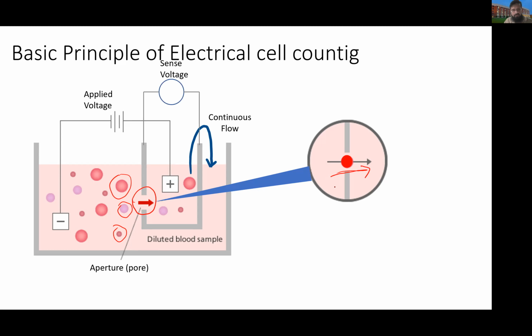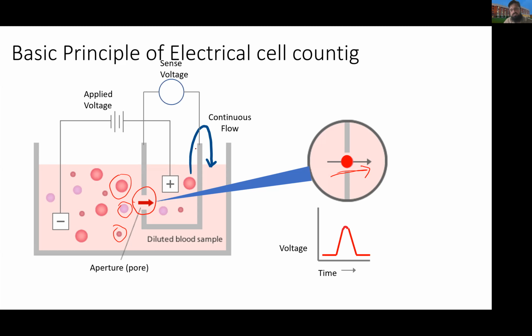aperture. Now what you do is place a voltage sensor across the inner container, and the inner container has basically two disjointed parts which you can think of as electrodes. They are like terminals which are connected to your voltage sensors. So across the aperture, you have two electrodes through which the cells are passing one by one.